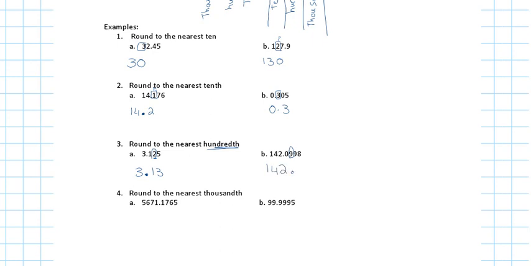Now, I have to keep that 0 here, because that's telling me that it's to the nearest 2 decimals. If I don't put that 0, it's the same answer, but this is only to 1 decimal place. This is to 2 decimal places. That's why I have to keep that 0, because the question's asking for 2 decimal places.